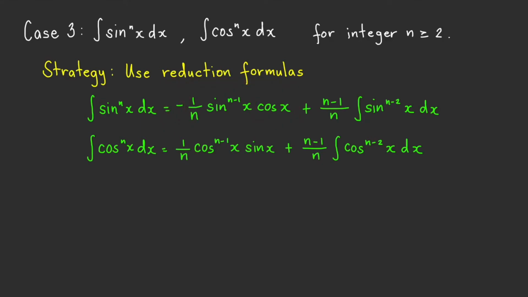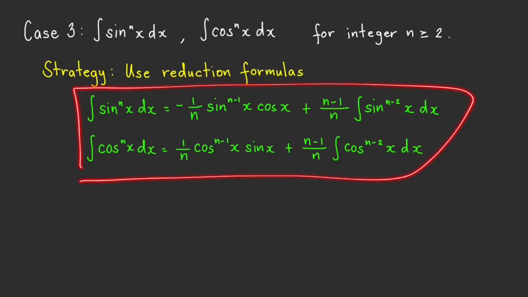In the other case, the dv is cosine x dx, so when you integrate the dv, you'll get just sine x. So you know here that you have a negative sign because your dv is sine x dx, and the integral of that is equal to negative cosine x. So that's how you remember these reduction formulas.